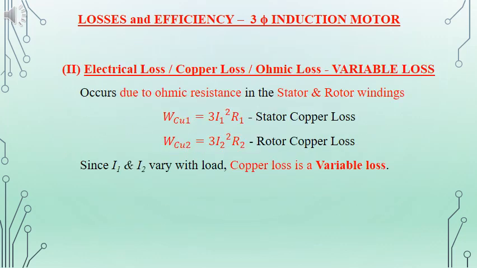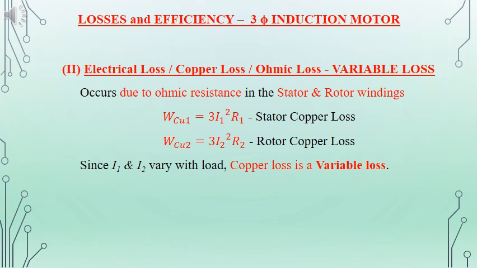The second set of losses is electrical loss, or copper loss, or ohmic loss. It is a variable loss. We will have to consider the resistance of the rotor conductors and stator conductors, and we have the rotor copper loss and stator copper loss given by the equations 3 I1 squared R1 and 3 I2 squared R2, where I1 and I2 are the stator current and rotor current respectively, and R1 and R2 are the stator resistance per phase and rotor resistance per phase.